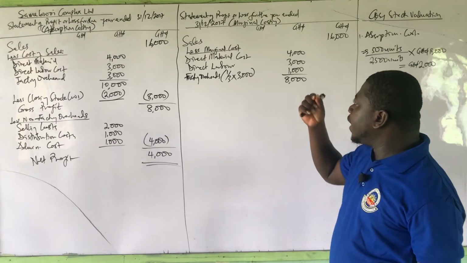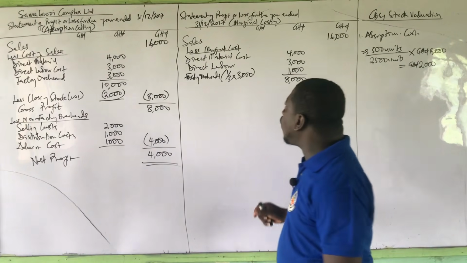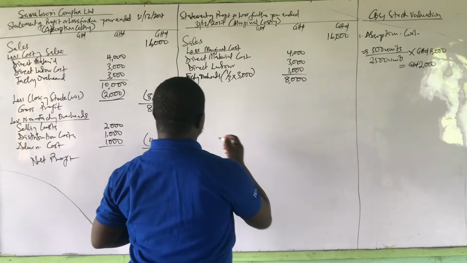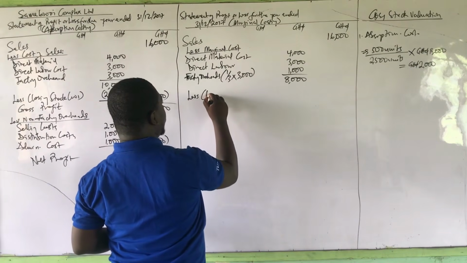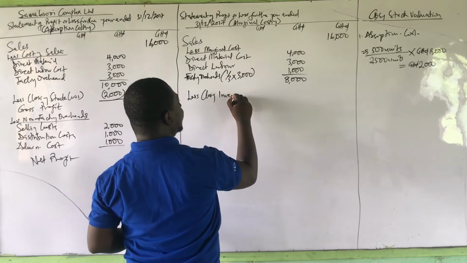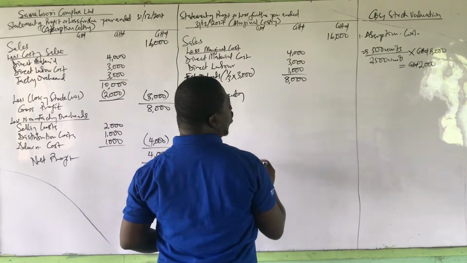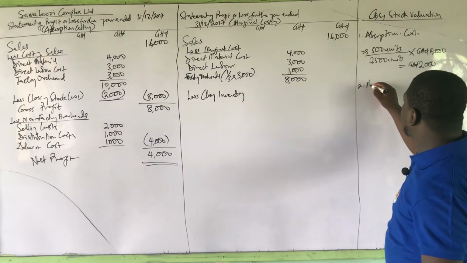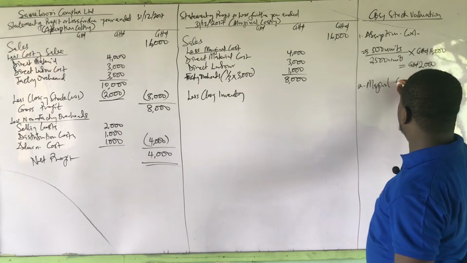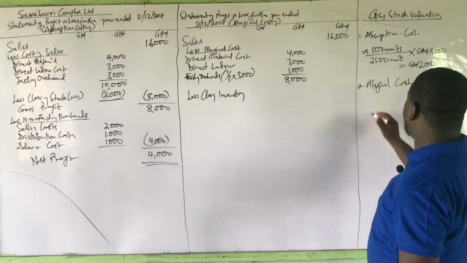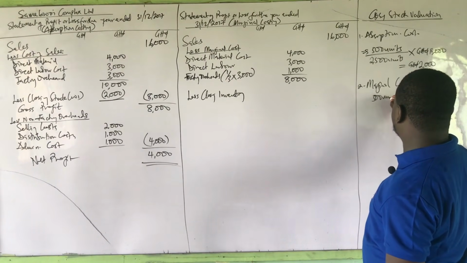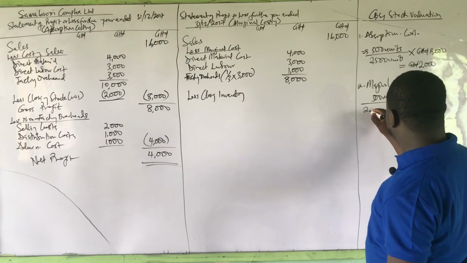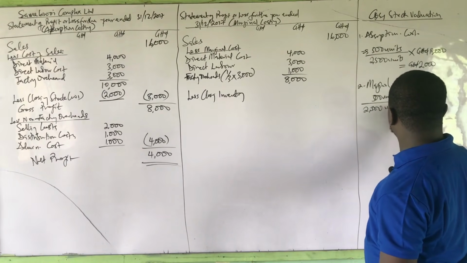So we are going to do a different stock valuation for the marginal costing. So we less our closing inventory or stock. Now the closing inventory for marginal costing is the same 500 units. Nothing has changed over the same 2,500 units produced.